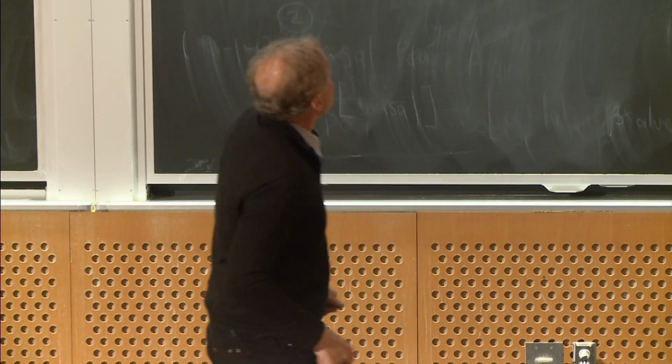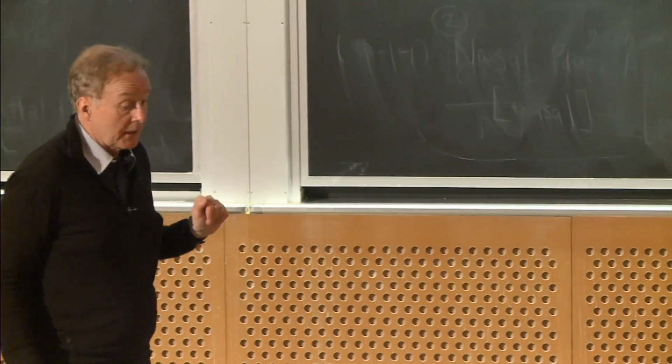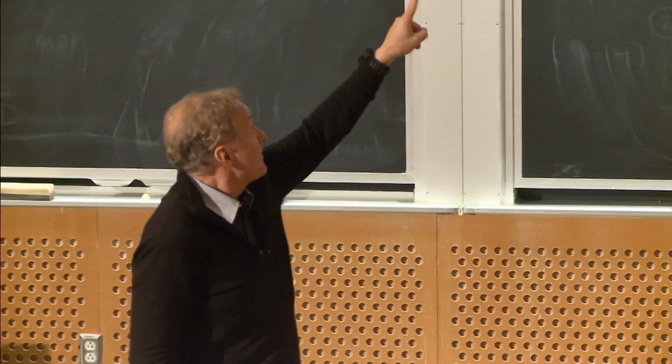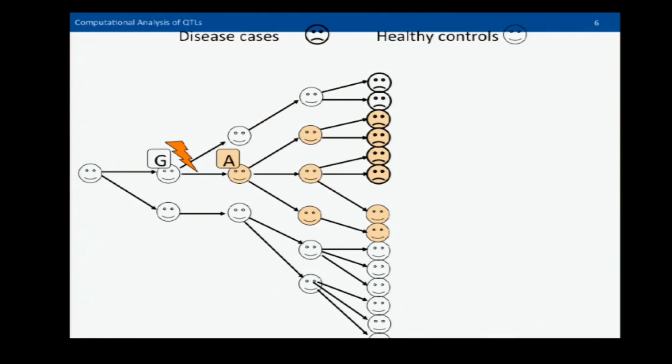The other thing that we note is that in this particular case, some of the people who have the disease don't have this mutation. And therefore, this mutation is not necessary. It's neither necessary nor sufficient. Still, it is a marker of a gene that increases risk.